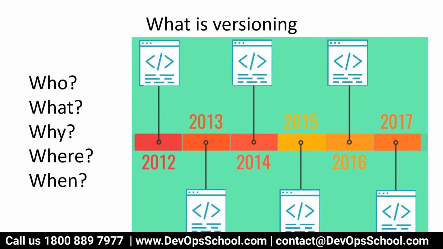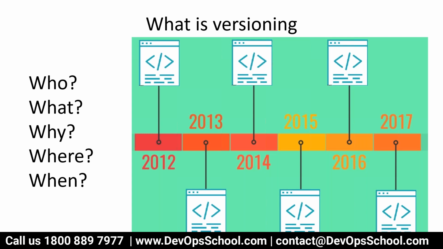So we write a lot of code in the system, lots of code for the software, for running the software, for maintaining the software. Over the period of time, we'd like to know who is modifying the code, what modification has been made, why these changes have been made, where, and when the code has been changed.